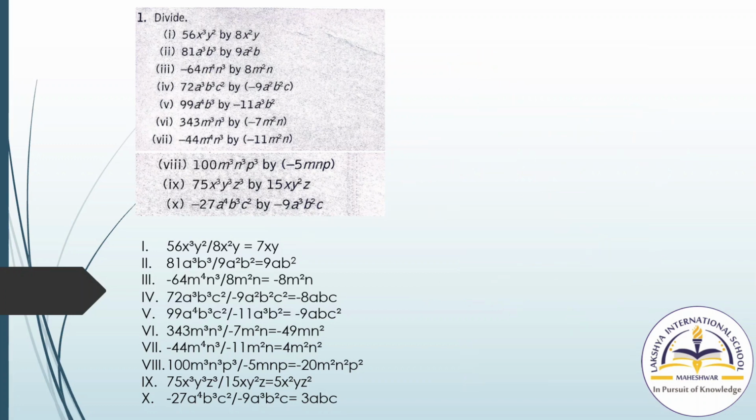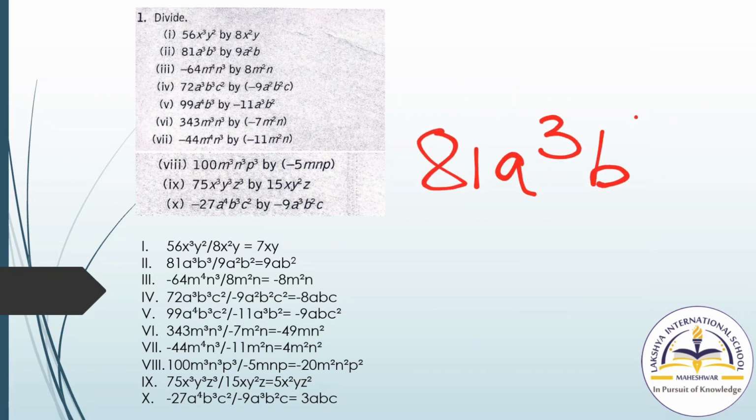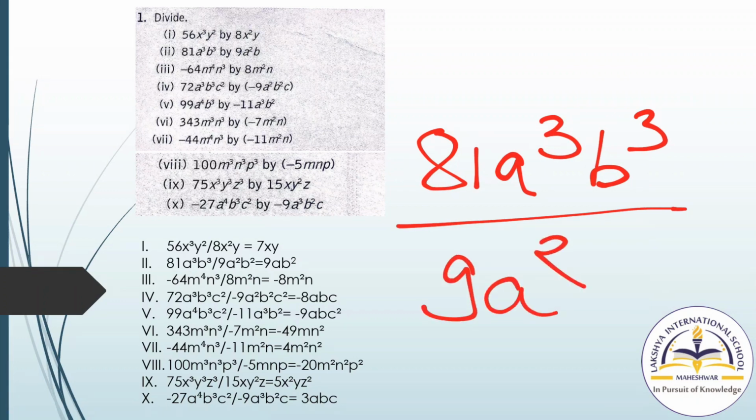Now we will see question number 2. 81 a cube b cube divided by 9a square b. Now here you can see b, 1b cancels, which means 2b is still remaining, then a square.